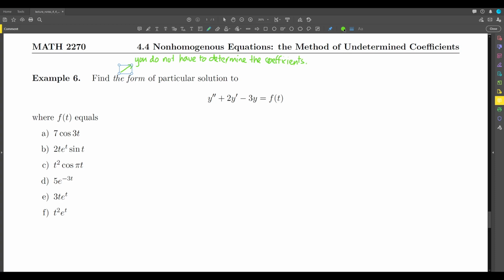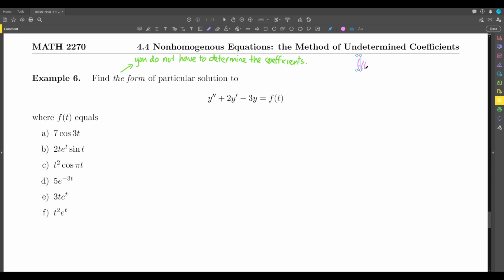Now, let's keep in mind the two cases of the previous page, and you may want to keep your printed out notes for the details here, but I'm going to just write the two general cases that we're looking at.